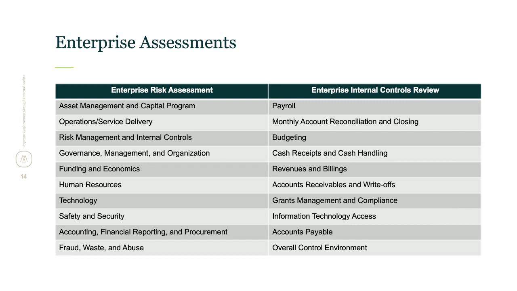Usually one facet of those 15 to 20 functions is internal controls. But since internal controls play such a prominent role, and should, historically and moving forward in the activities of internal audit, can't we also take a more holistic look at internal controls? So what we're calling here an enterprise internal controls review.